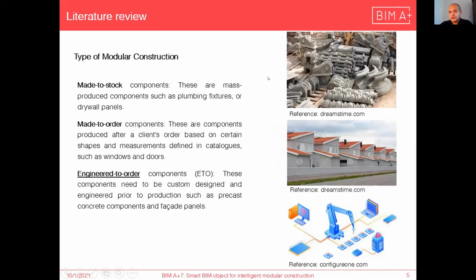In modular construction, we have a lot of technologies, and mass production is not very new, but mass production is not suitable for construction, because almost all the final products, I mean the buildings, are unique. So mass production cannot fit it.